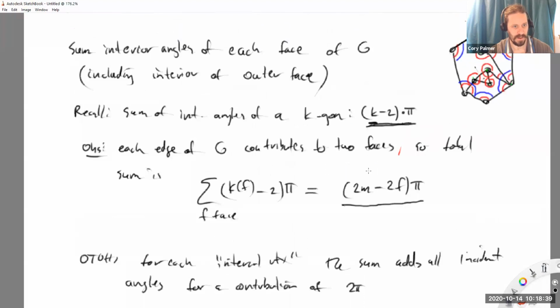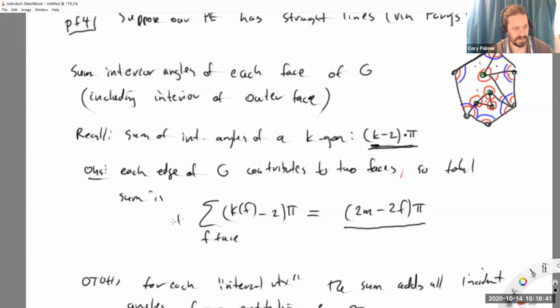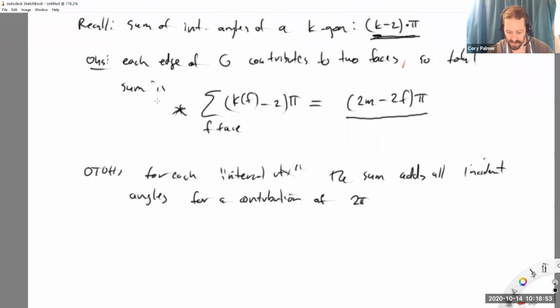Just scroll up here again. If I'm looking at this same computation summed in a different way, vertex by vertex, on an interior vertex I get a contribution of 2 times pi, right? We observed that already. For an exterior vertex, I get something a little bit different.